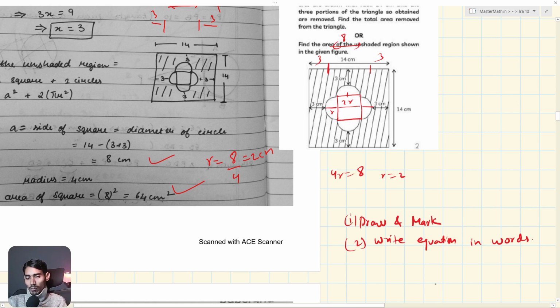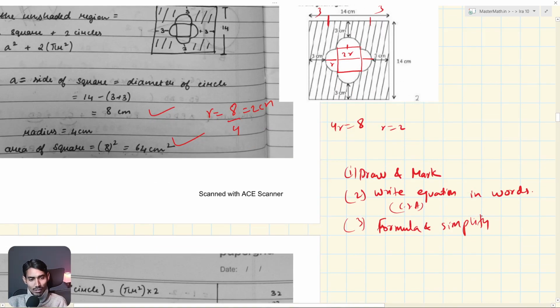So write that, and once you're done with that, CSA of, then write the formula and simplify. Don't yet calculate it. Simplify. Even after substituting the values, still simplify. Don't rush to the final values. And then you do the calculations.